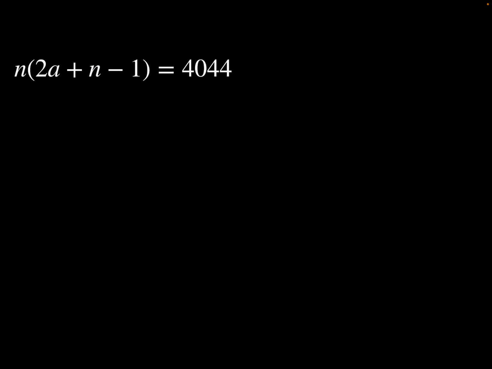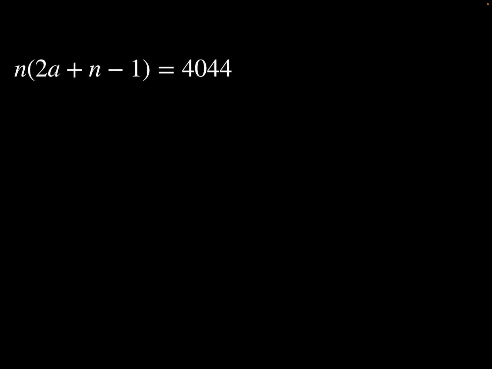Now notice that on the left-hand side, we have a product of two terms. And on the right-hand side, we have a number. So we have to write that number as a product of two terms. And we have to consider all the possibilities.